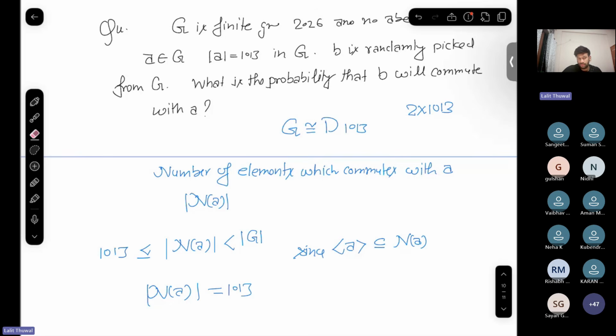If you have, suppose, D4 or Dn, then if its cardinality is 2, the order of the second element is 2, right? But its order is 1013. So that cannot be in the center.